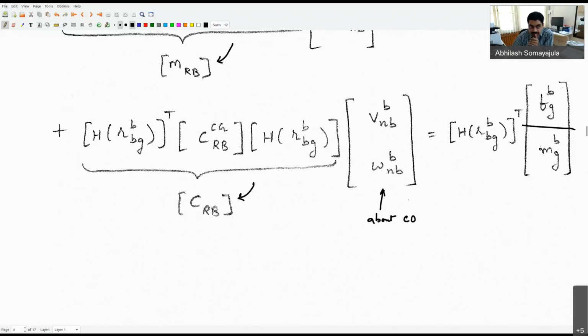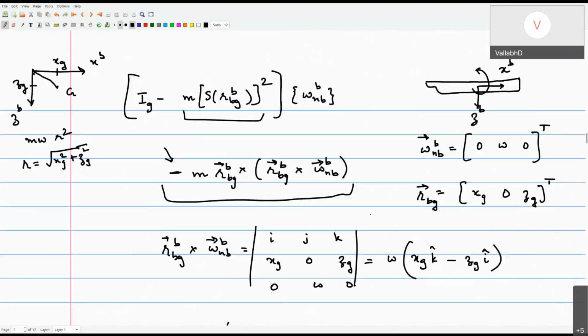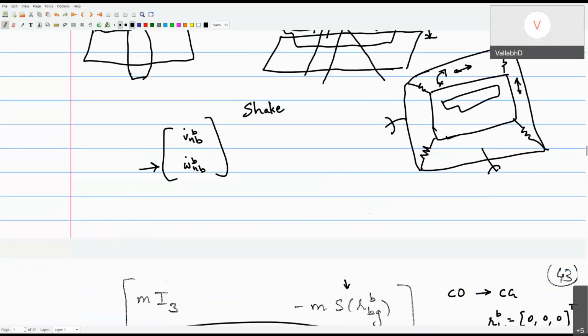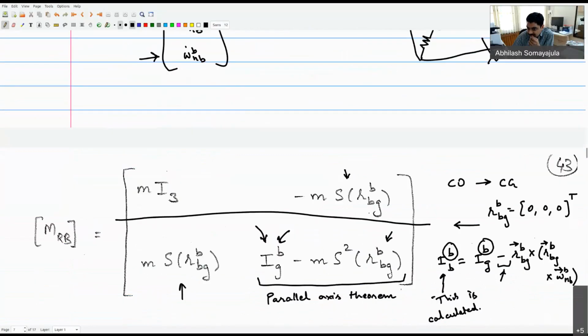Everybody with me? But then it came out F_GB only, right? Yesterday in the book we were reading, it is written that F_GB is equal to F_BB. Correct.